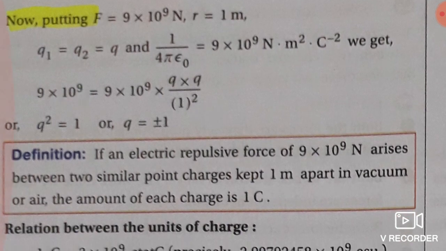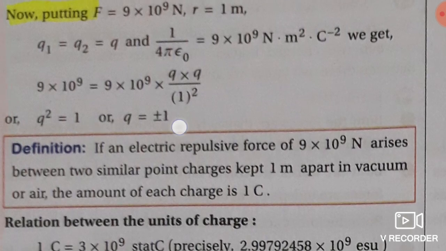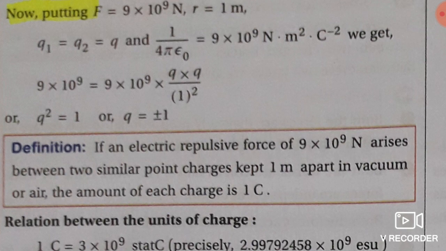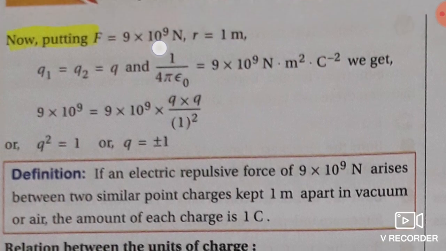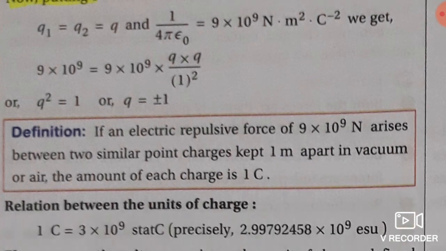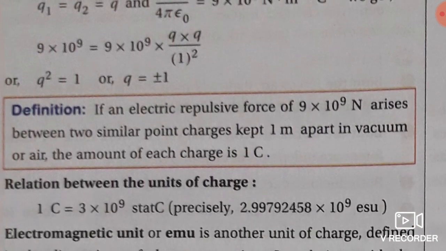So cancelling both sides, we get Q square is equal to 1, that is Q equal to plus minus 1. So from this we can define the value of 1 coulomb. If the force between the two charges is 9 into 10 to the power 9 Newton and the distance between them is 1 meter, then the amount of each charge is 1 coulomb. So this is the definition of 1 coulomb.